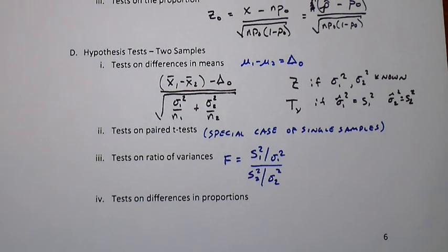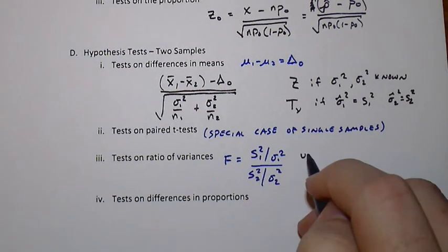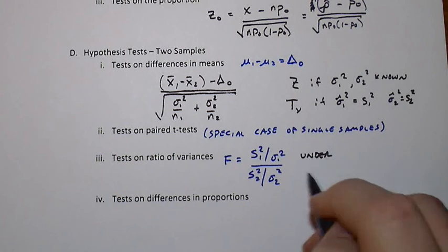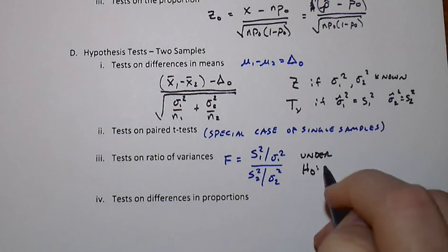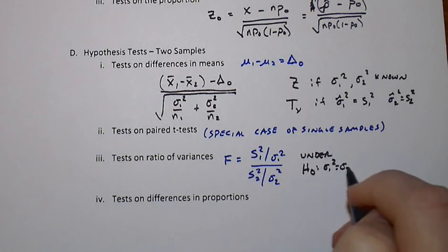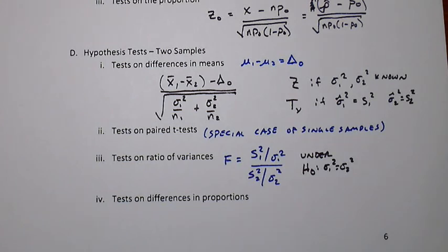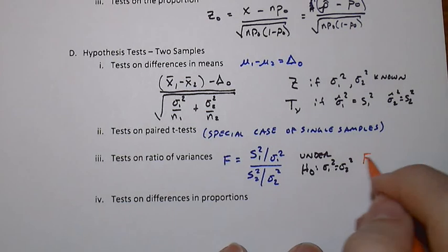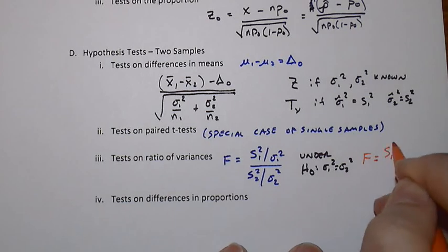Now, under your typical null hypothesis, those two variances from the population are the same. So obviously we can cancel that all out, and from a pragmatic standpoint, our test statistic is just a ratio of the two sample variances.